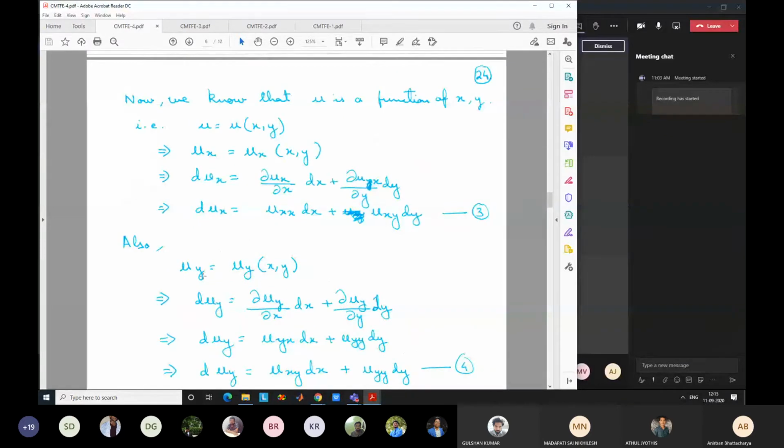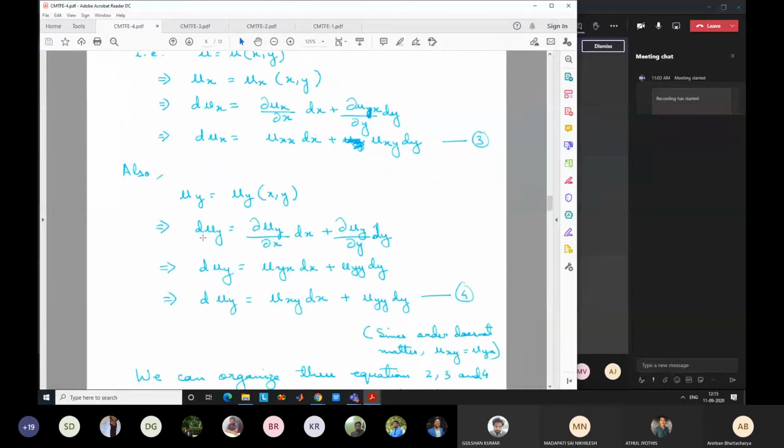Similarly, we can also write, because u is a function of x and y, del u del y also is a function of x and y. So the first derivative is a function of x and y, and we can write d of uy as del uy del x dx plus del uy del y dy, assuming that uy is a function of the independent variables x and y.